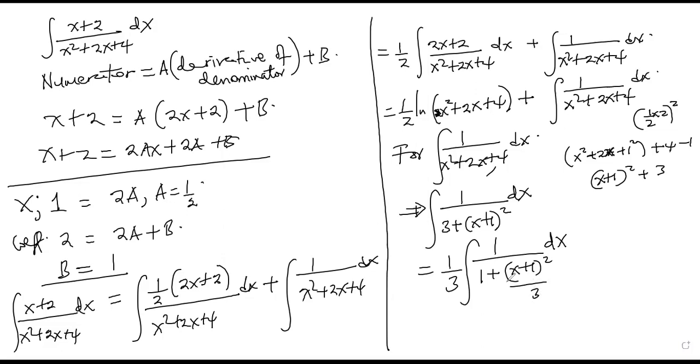So you have to put it under root, then we square. So this is going to be a third integral of 1 over 1 plus x plus 1 over root 3, then squared dx. That way, you can bring in your tan theta faster.